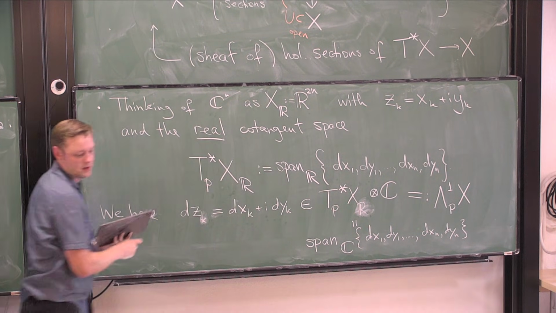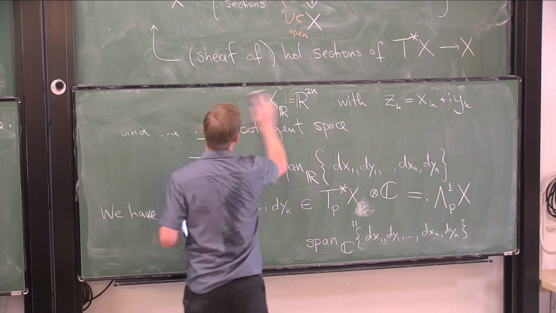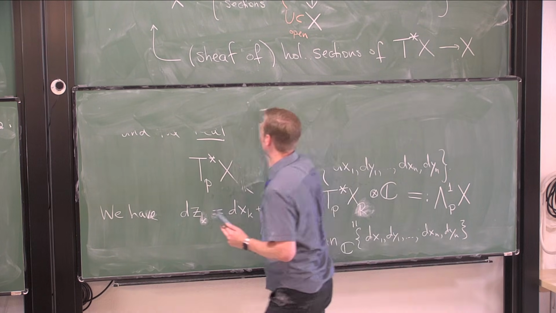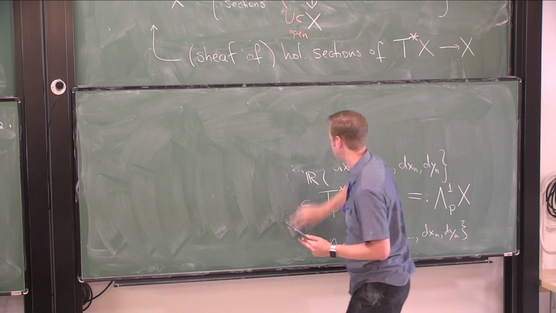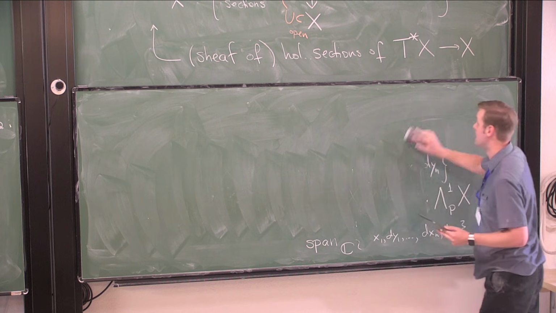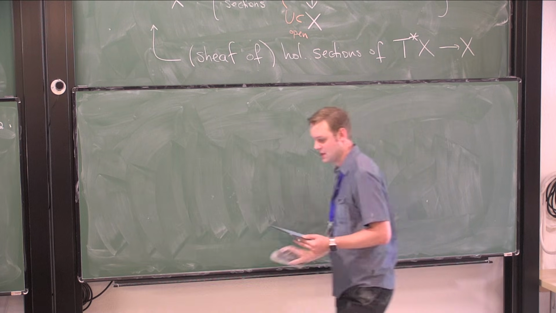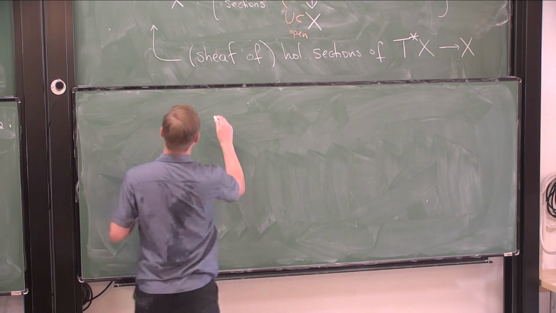Okay, we have this somewhat abstract definition of Omega 1 X. Let me give you a more hands-on, practical view of what this does. Basically, what do elements of Omega 1 X look like? Every element is a local holomorphic section.